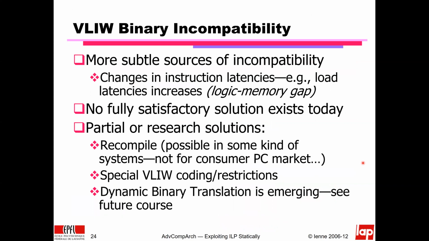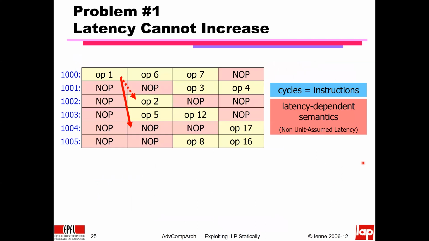So there are a few things that are interesting to pay a little bit of attention to. One is self-evident: the latency cannot increase, because if you increase the latency, well, of course, your dependency is not honored. I want to repeat this once more to make sure that everybody is on the same page.